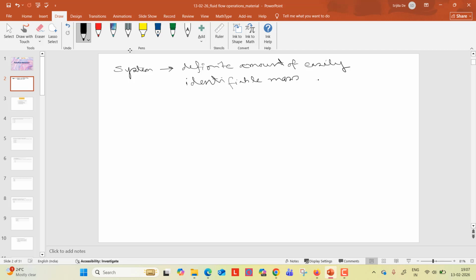Okay, so generally in our fluid calculation we consider, suppose from a big chunk of fluid or liquid which has a regular shape, we consider a small 3D structure or small square or maybe small sphere kind of thing. So that is our system. Okay.